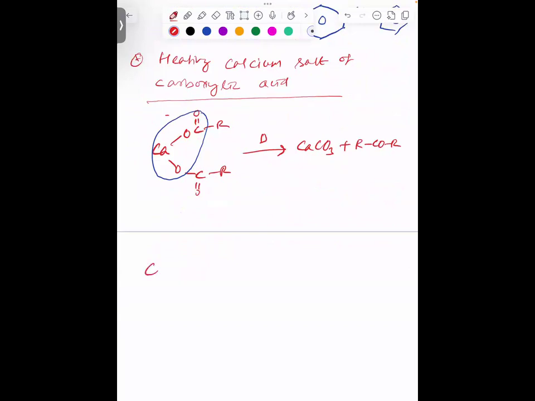Suppose you are taking this, on heating, when calcium carbonate is released, it forms this. Note down.